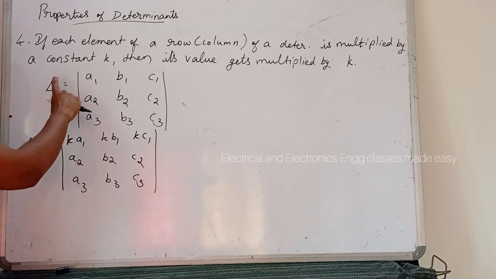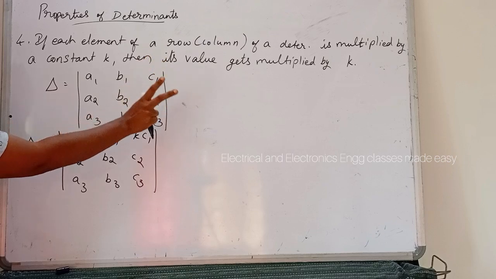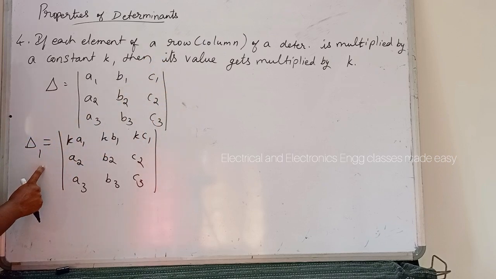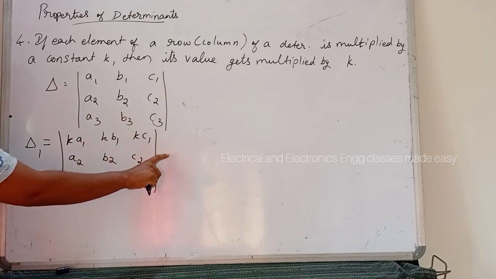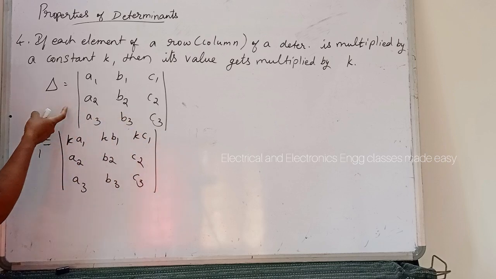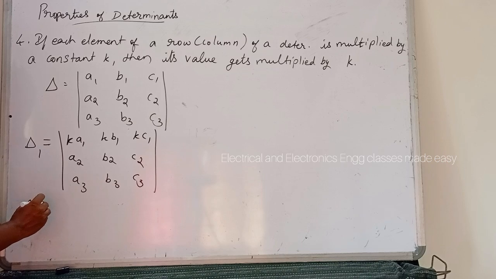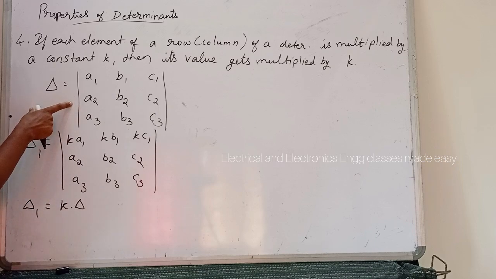So for this delta there is one value, and for this delta 1 the value will be equal to k multiplied with the value of this determinant. That is, delta 1 will be equal to k times the value of determinant of this one.